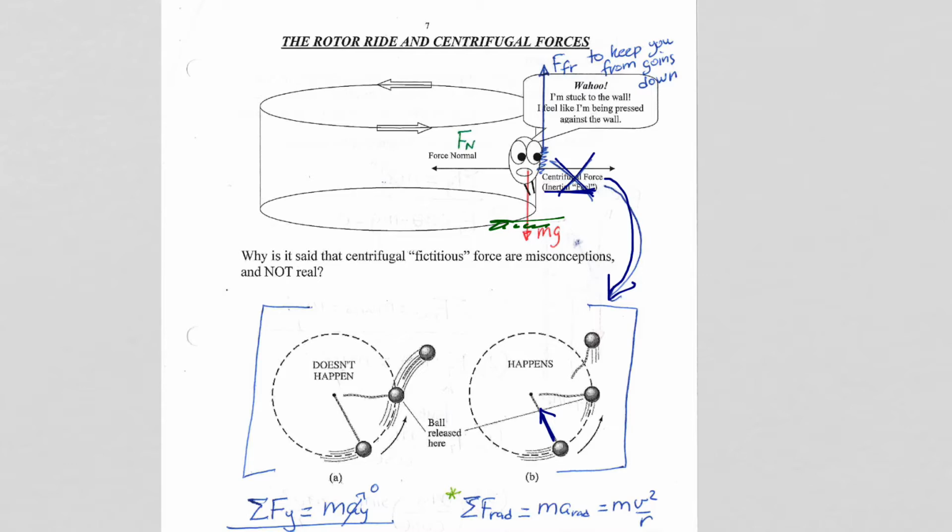It has to be an actual radial force: tension, friction, gravity. We're going to see the force normal in this problem. But there has to be a radially inward force only, no outward force. And of course, the motion is tangential. So this outward pull that we think is there is actually not there. That doesn't happen.